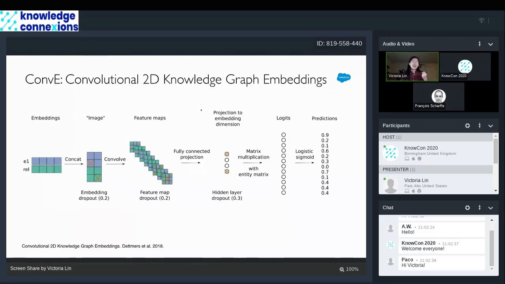So given your source entity, E1, and the target relation, we represent them both as dense vectors of the same dimension. And the method proposes convolutional networks which pass through the concatenation of these 2 embeddings and generate a new representation. This new representation is used in a dot product with a target embedding E2.